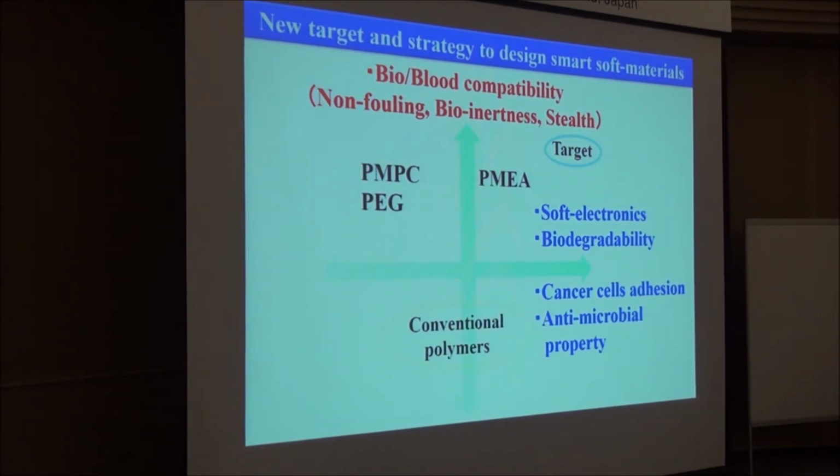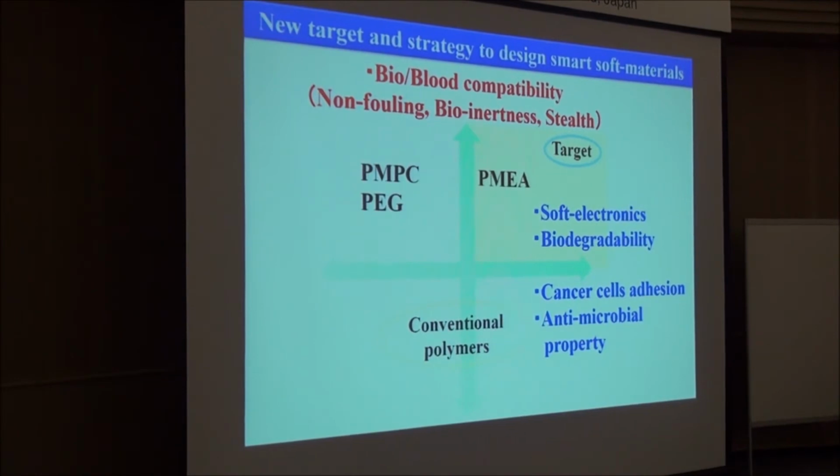Next target is here. For example, next generation electronics, soft electronics, flexible electronics, or sometimes we need biodegradability, cancer cell adhesion, and antimicrobial properties, which are always important.